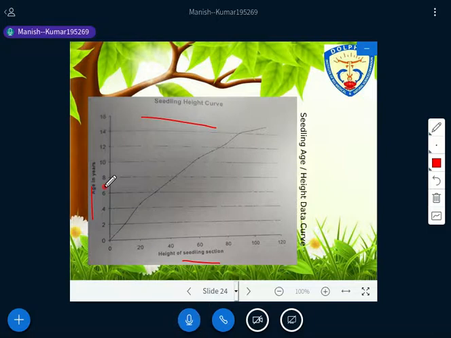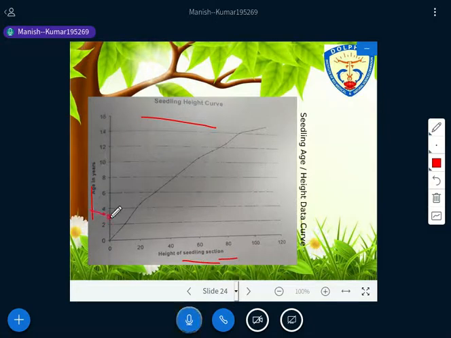And what is the purpose? Okay, the curve has been drawn, so why are we drawing this curve? So this curve is going to help you, listen carefully, to know the time and average it takes to reach the stump height. Have you got that? Because this is the relation of seedling height and age.